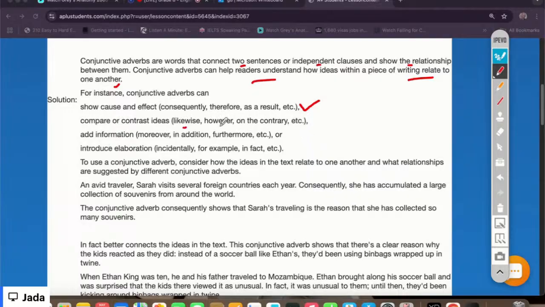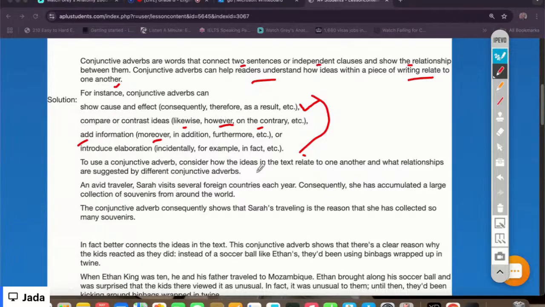These show contrast or comparison. Then add information: moreover, in addition, furthermore. And then introduce elaboration. We have incidentally, for example, in fact. So these are all the different ways that conjunctive adverbs work.